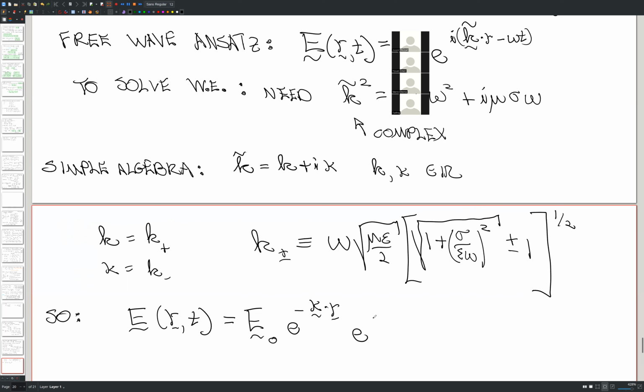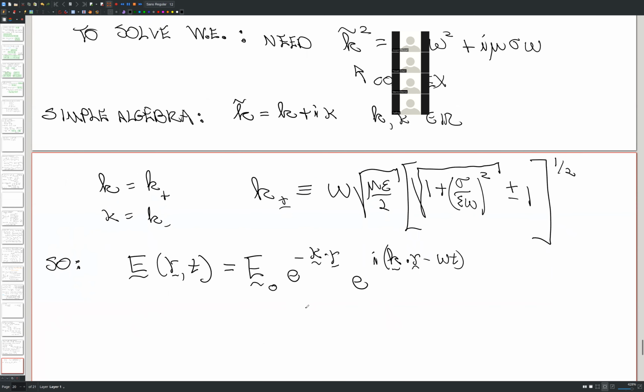There's a part that oscillates, as you would expect, but it also decays as it propagates. So d, by definition 1 over the modulus of κ, is known as the skin depth.